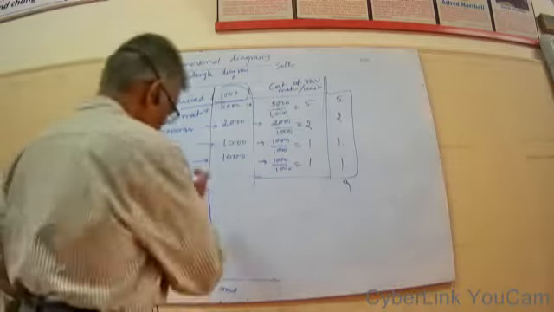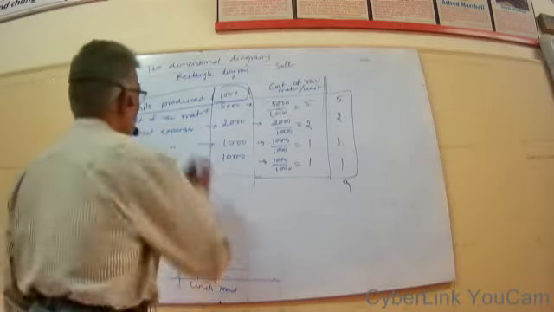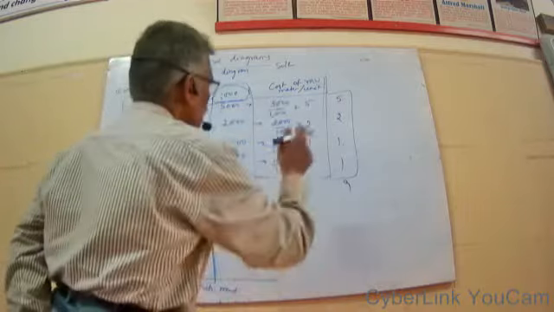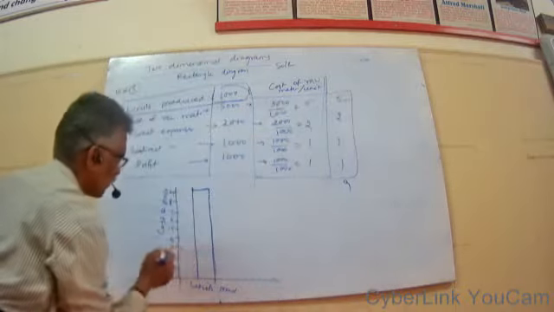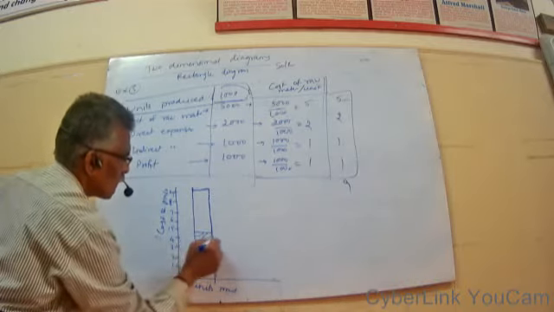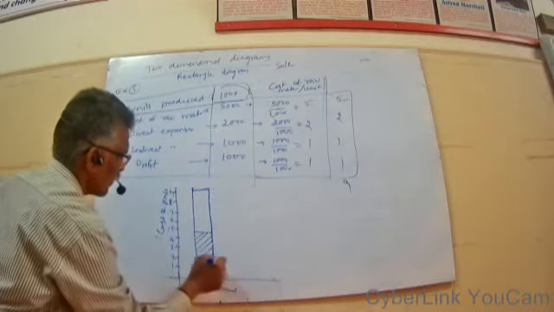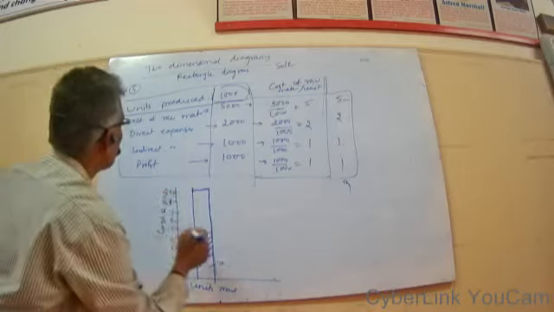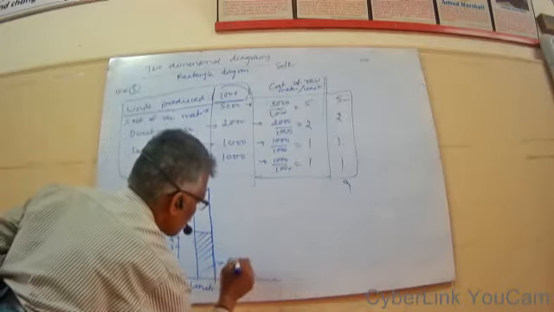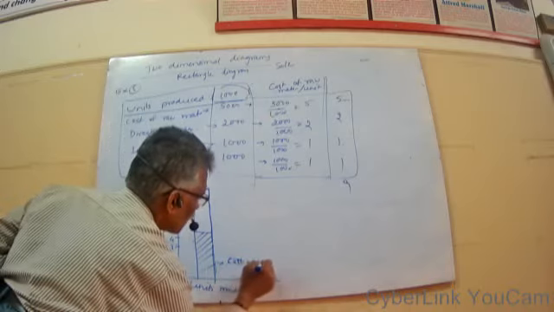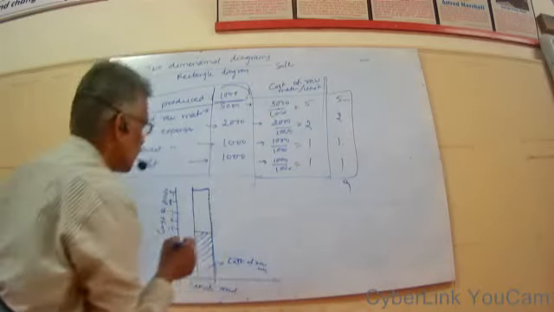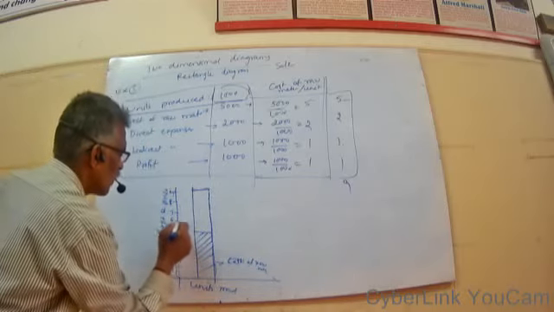Now the different components accordingly. For the cost of raw material the value is 5, so up to 5. Next is only 2.